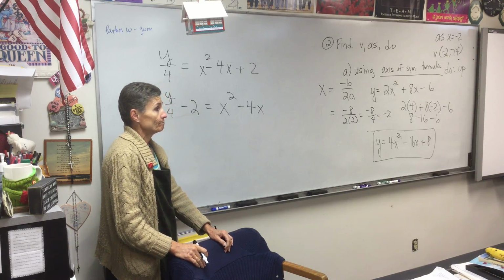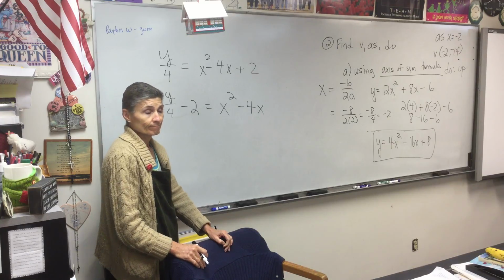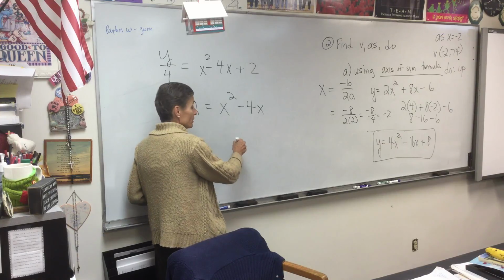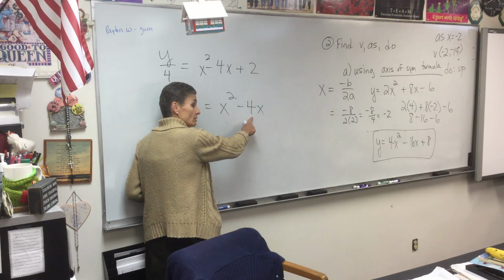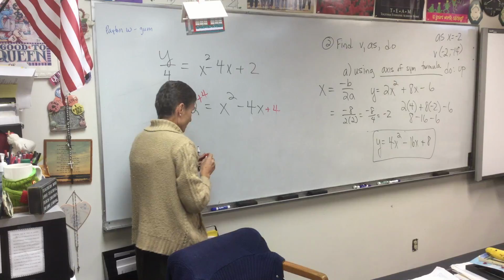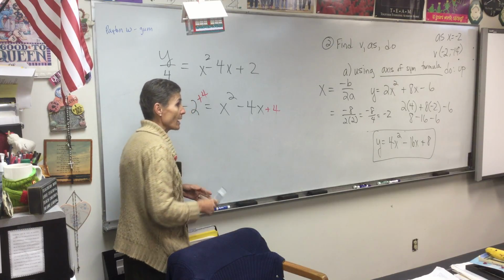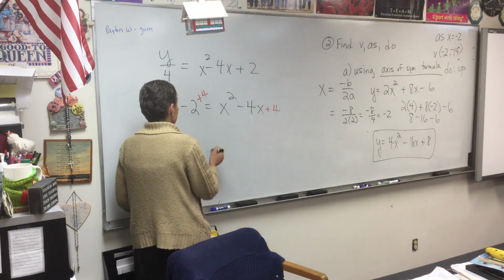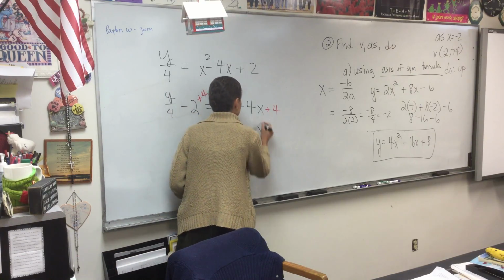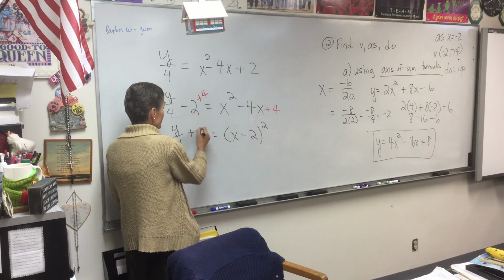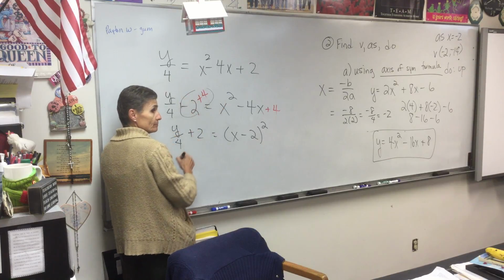Alright, now what? Now we're ready to add to both sides. So now, Scotto, we're ready to do what you want to do. We're going to take half of 4, which is 2, and square it. So did you add 4 to both sides, Pete? If you did, you're right. If you added something else, you messed up. (x minus 2) squared equals y over 4 plus 2, because I'm adding these together.